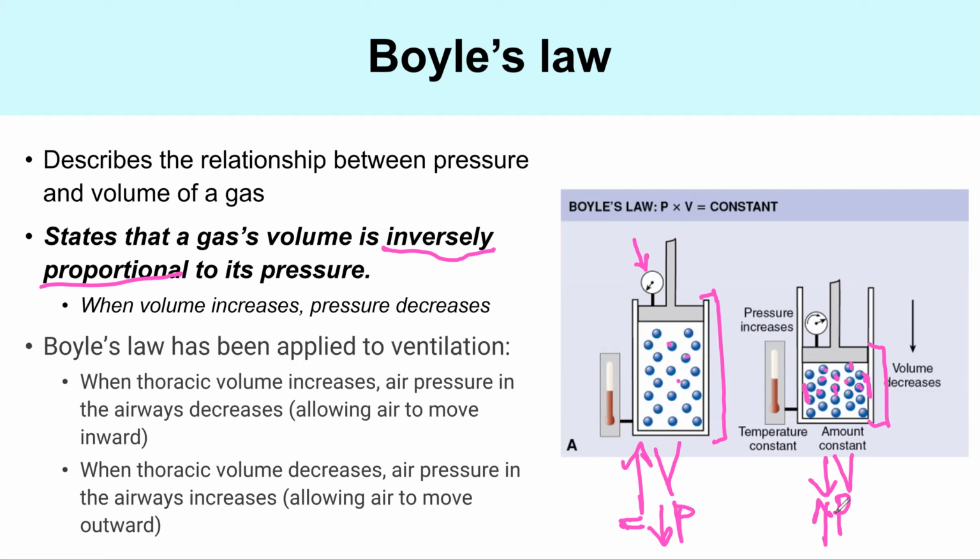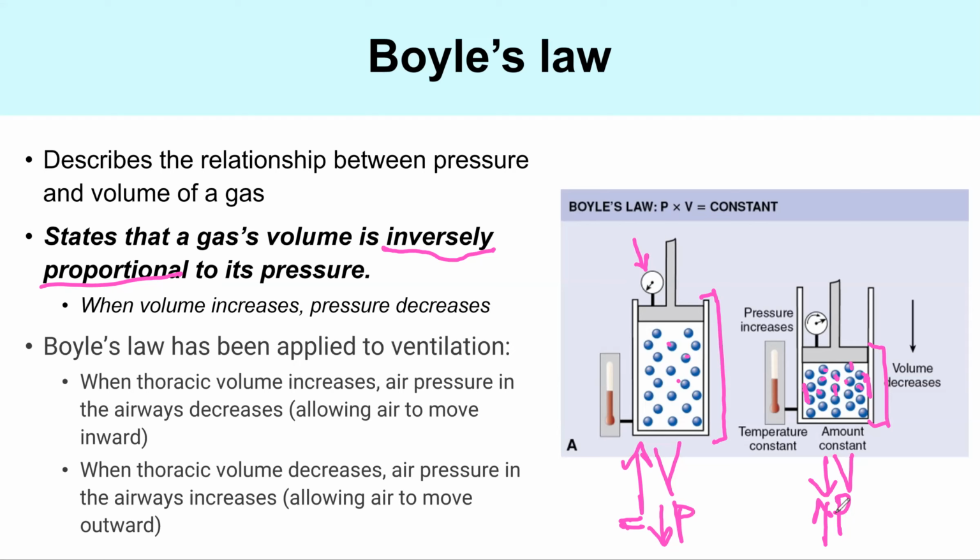And so when you're making the thoracic cavity larger, the pressure inside of the lungs is going to drop. It's going to drop so much that it ends up being lower than the pressure in the outside world. And therefore, air is going to flow down its pressure gradient from outside, where the pressure is higher than what is currently in the lungs inside. Right. And that's actually why we move air from outside to inside.